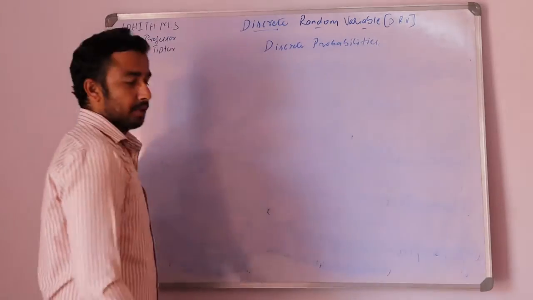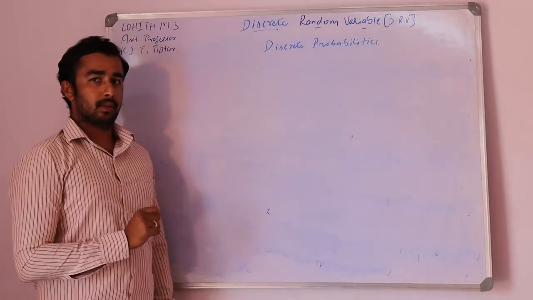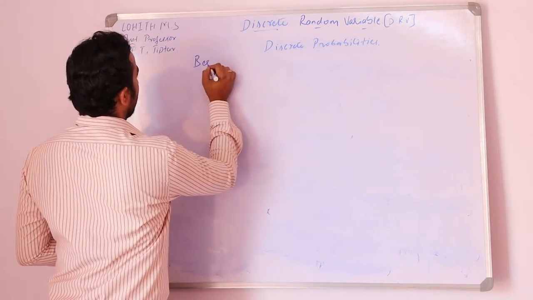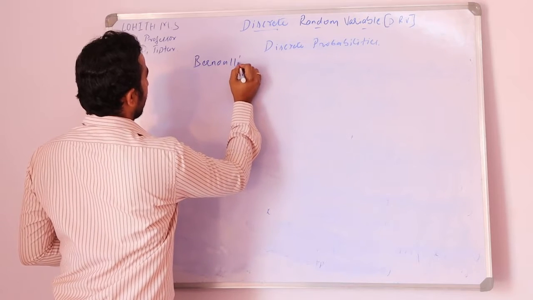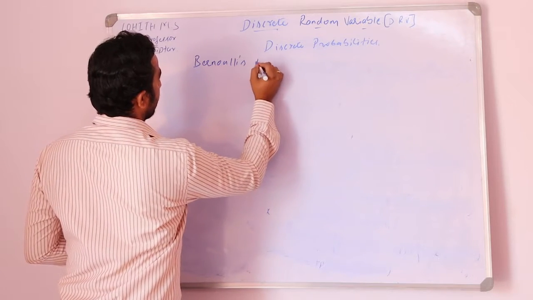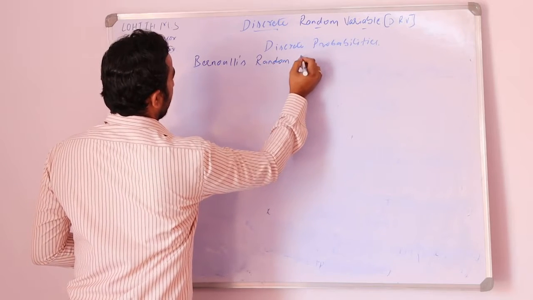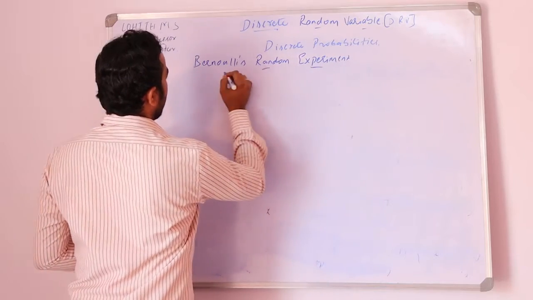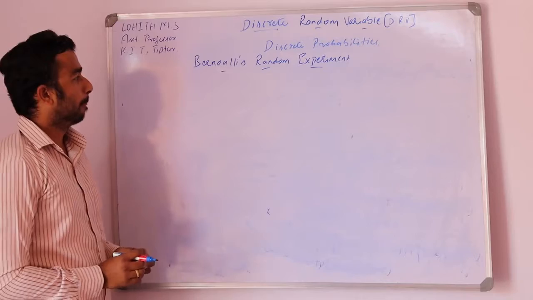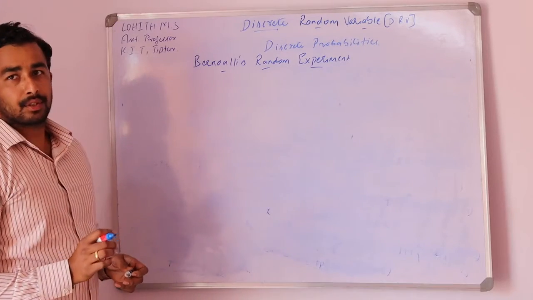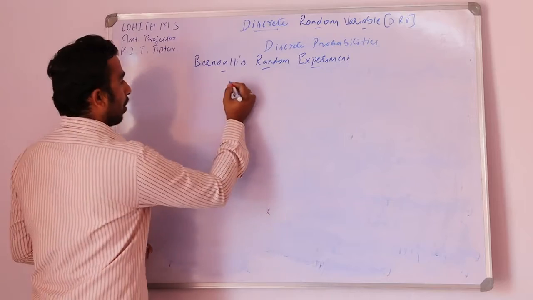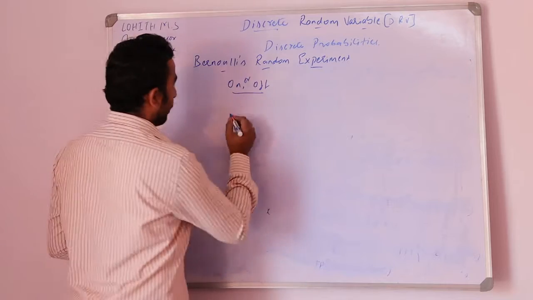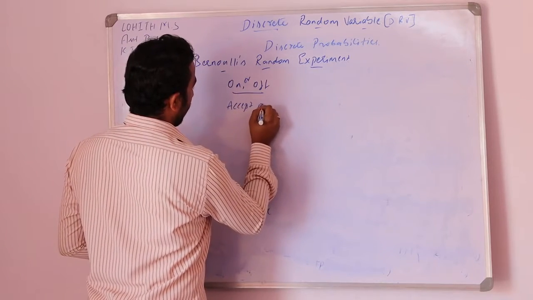Now we will see the probability density function and cumulative distribution function for a Bernoulli's random experiment. In Bernoulli's random experiment, the trial consists of only two values, that is on or off, or accept or reject.